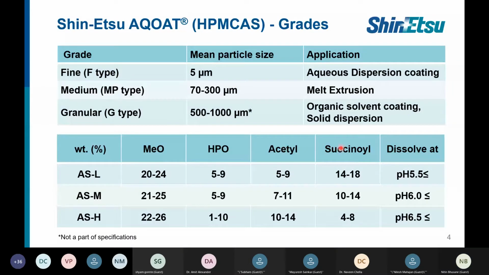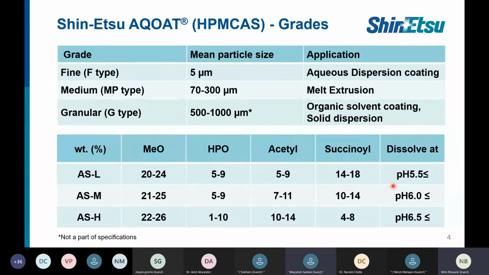By varying the concentration of acetyl and succinyl, we vary the pH dependency. Generally, ASL type starts to dissolve above pH 5.5, ASM above pH 6, and ASH above pH 6.5.